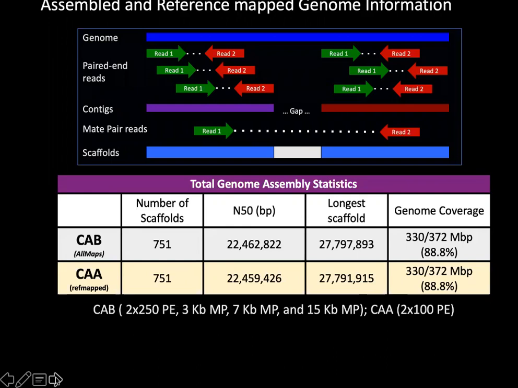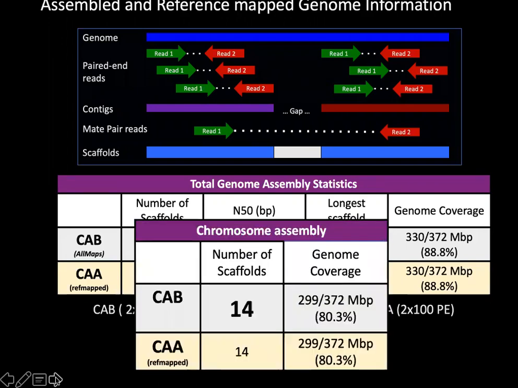I would like to make note that CAB did have a lot more information going in than CAA. It had 2 by 250 paired ends and multiple types of mate pairs, whereas CAA only had 2 by 100 paired ends. I did have to reference map CAA to CAB to create a better assembly.